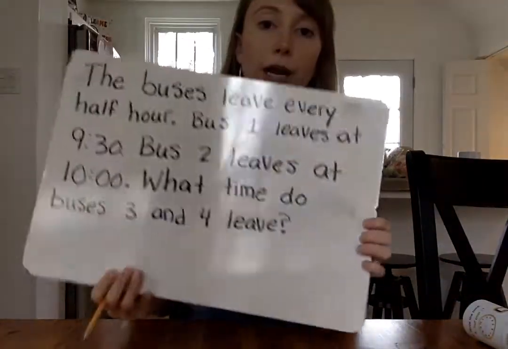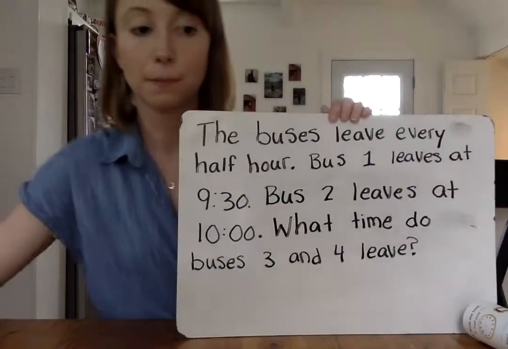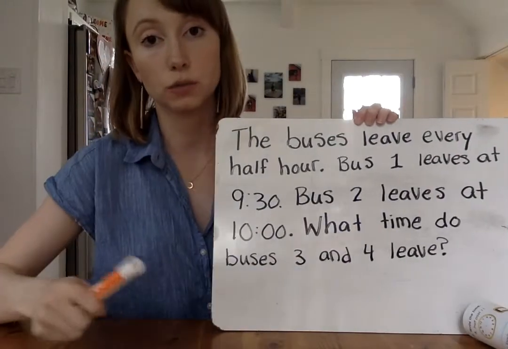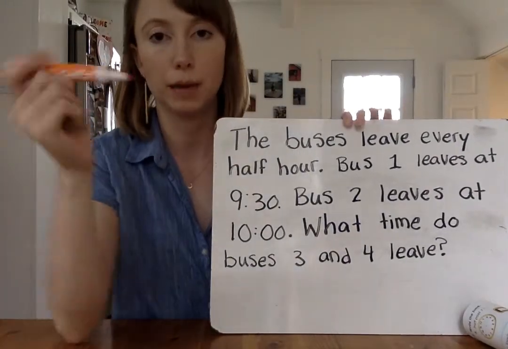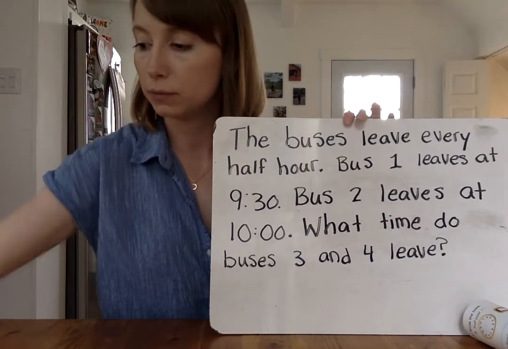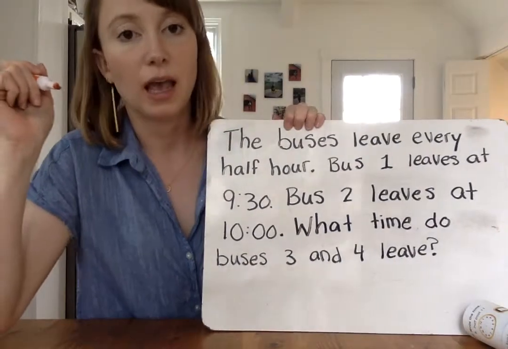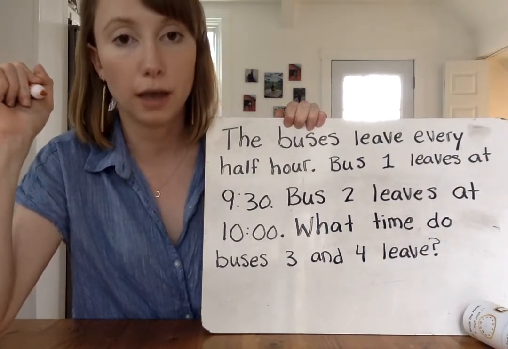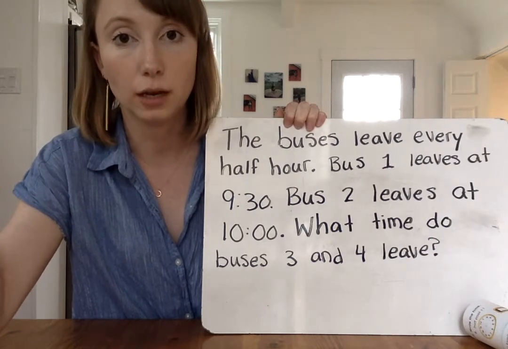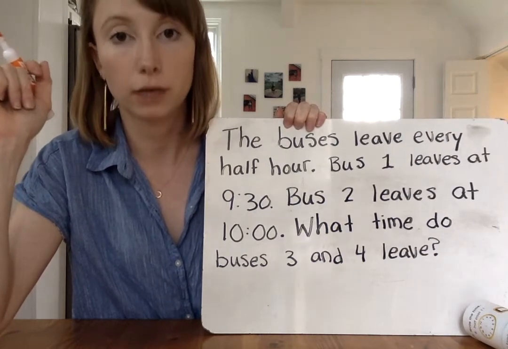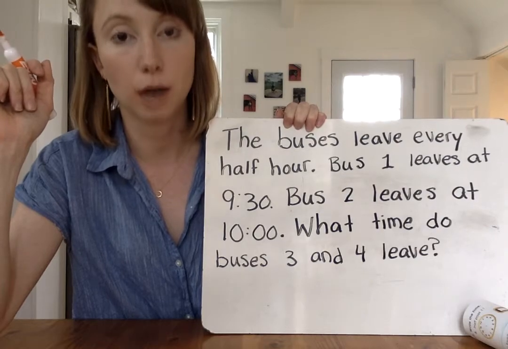I wrote this word problem a little bigger so you can all see it. So I'm going to read it, get my writing utensil ready, and I'm going to underline what is important information. I'm going to circle what I'm looking for to make sure I understand this problem.